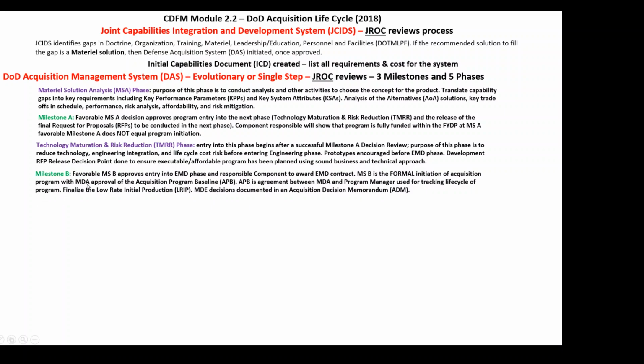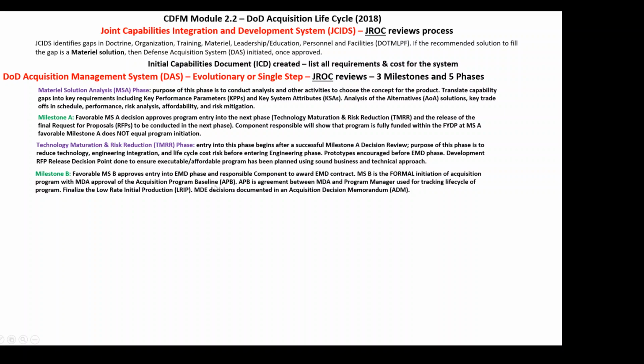Milestone B. Favorable milestone B approves entry into the next phase, engineering and manufacturing development, and the responsible component to award the EMD contract. Milestone B, keyword here, is the formal initiation of the acquisition program with milestone decision authority approval of the acquisition program baseline.